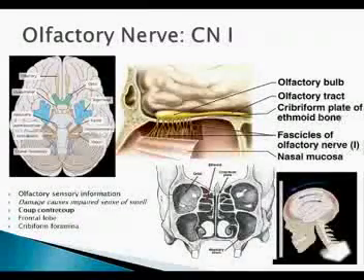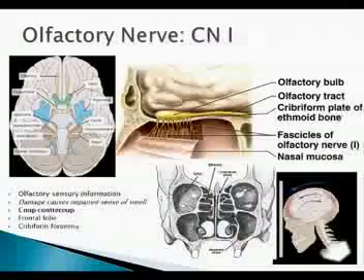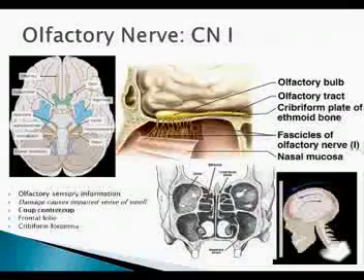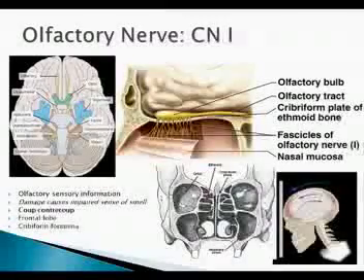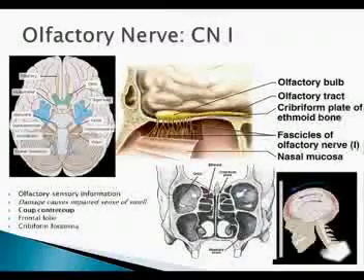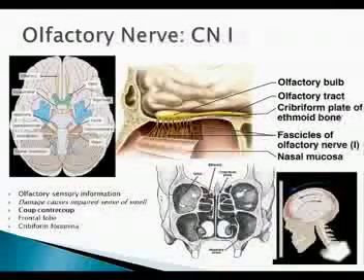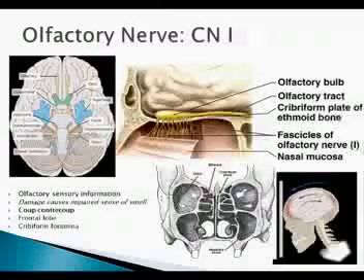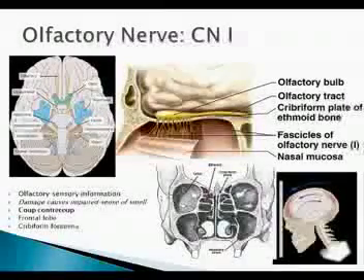Some interesting facts about this: in what we call coup contrecoup accidents, where you are driving along, or you're running full steam into a wall, you hit a wall and come to a stop, so your brain sloshes forward, and then you have that kind of whiplash effect, and it slides back.